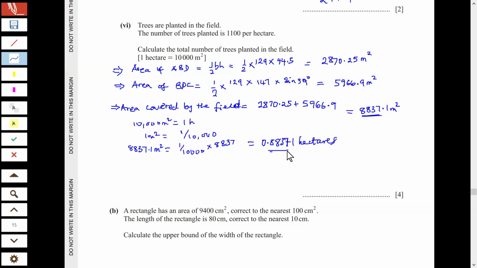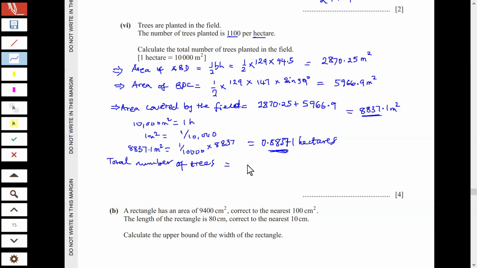Now, after converting this unit to hectares, we can find the total number of trees planted by multiplying by the value here, 1,100 per hectare. If 1 hectare contains 1,100 trees, then how many trees will this contain?